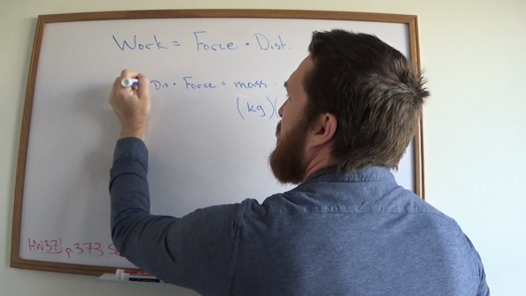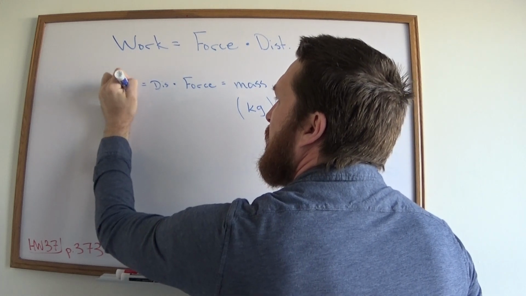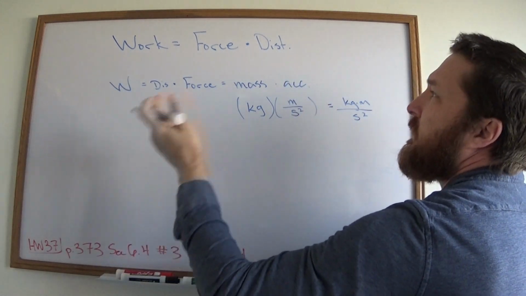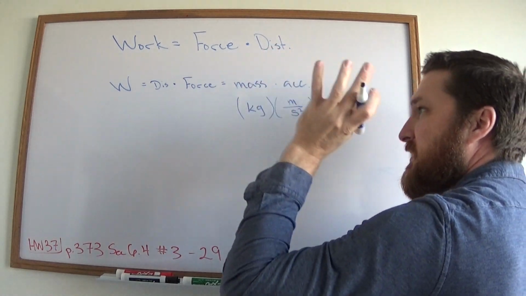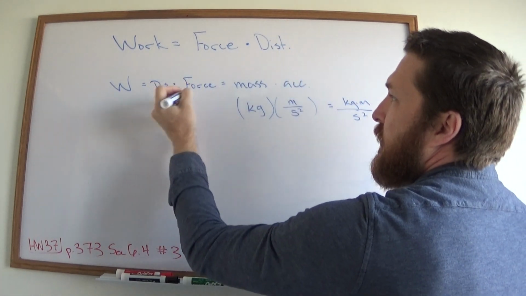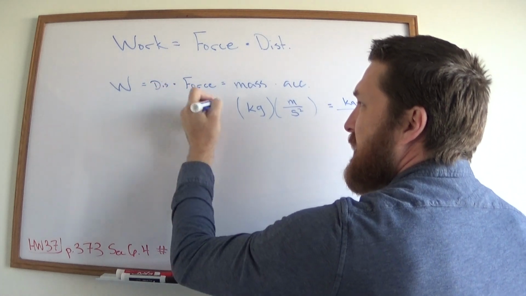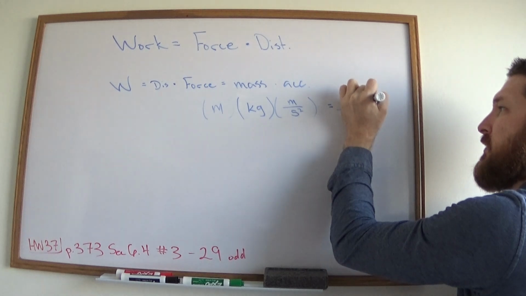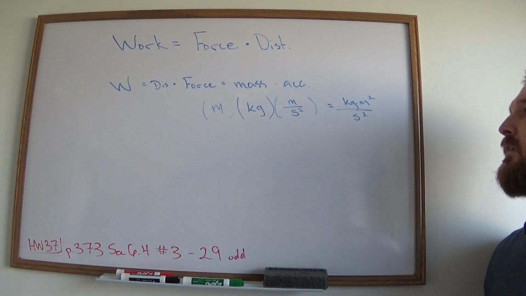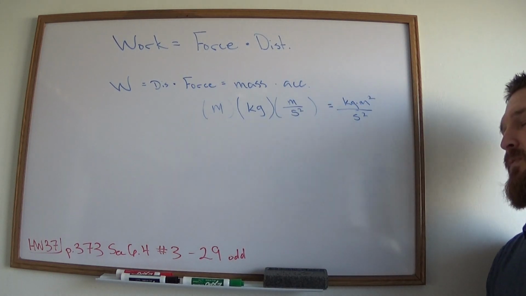What are the units on distance? In the standard international units, it's meters. So if you multiply force times distance, you have another meter in there, and it has units of kilogram meter squared per second squared.